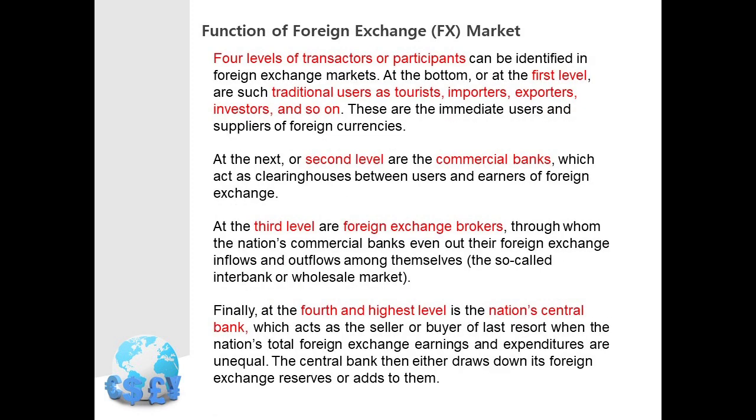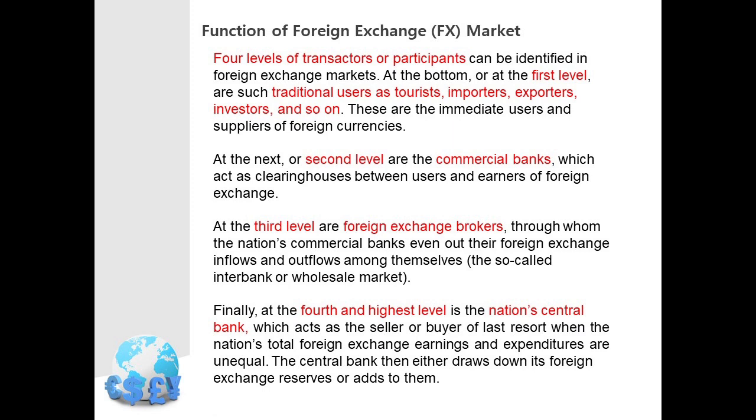Four levels of transactors or participants can be identified in foreign exchange markets. At the bottom, or at the first level, are such traditional users as tourists, importers, exporters, investors, and so on. These are the immediate users and suppliers of foreign currencies.